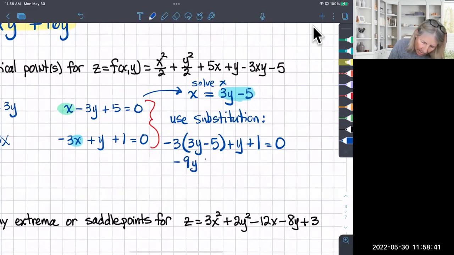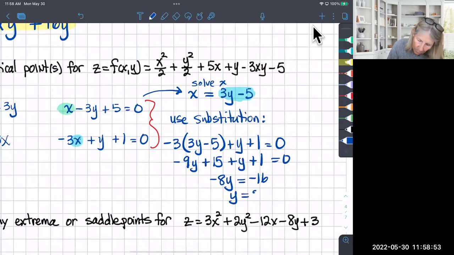Negative 9y, let's see, plus 15 plus y plus 1 is 0. Combining like terms, negative 8y. Let's throw that 16 to the other side. And so again, I'm going fast, but pause your video so that you can practice this. So as far as a critical point, I've got my y value, right?